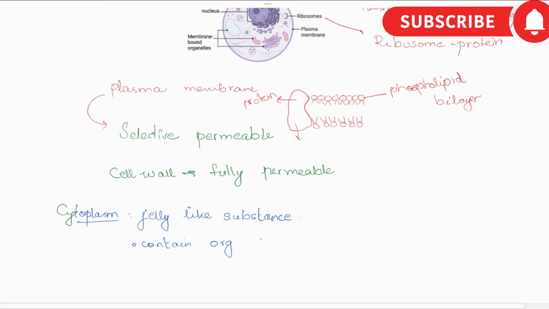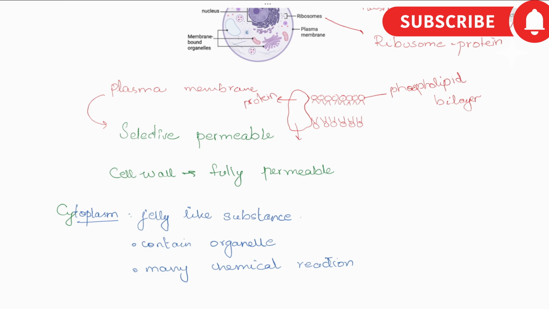Moreover, what's important about this, many chemical reactions take place in it. Your cell is capable of performing many functions. As I've told you, these mitochondria, the pink parts, are producing energy in your body. So energy is produced by some chemical reaction. The chemical reactions take place in cytoplasm.